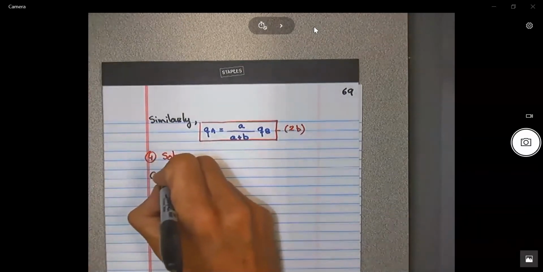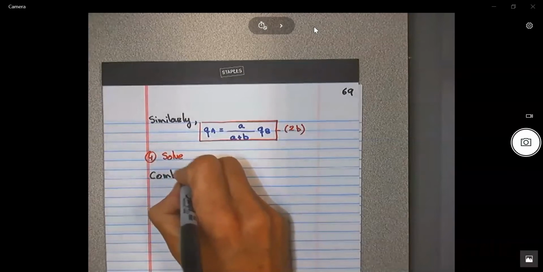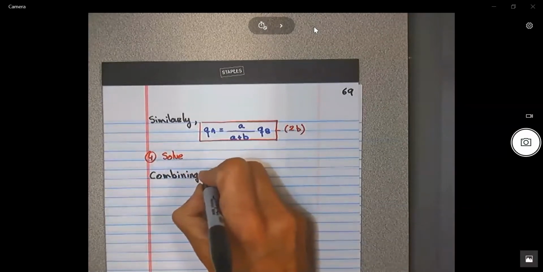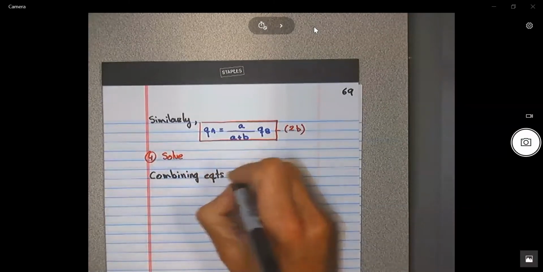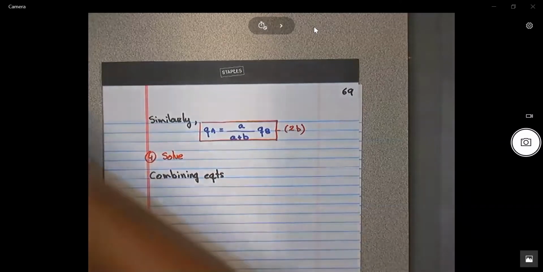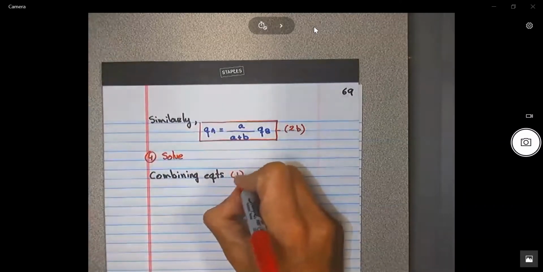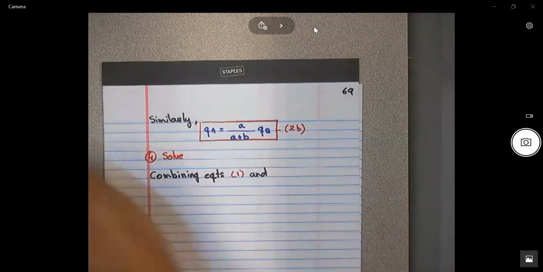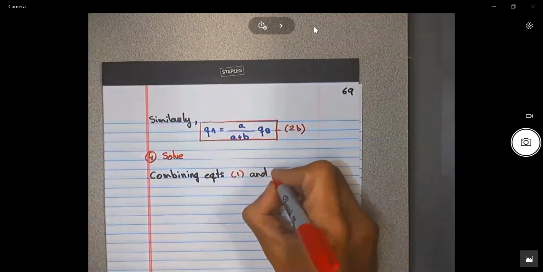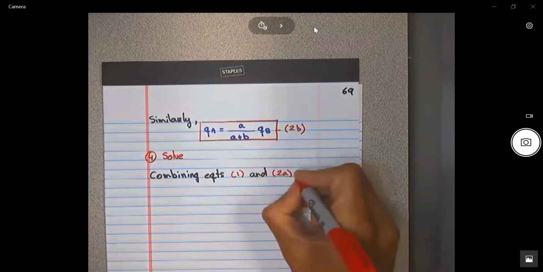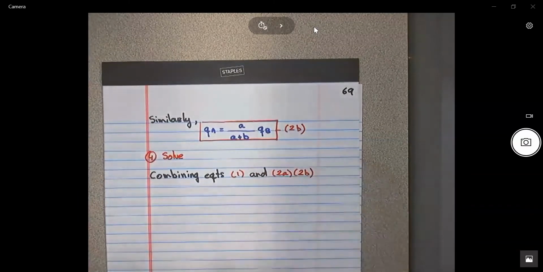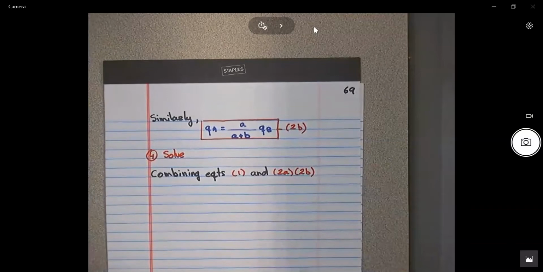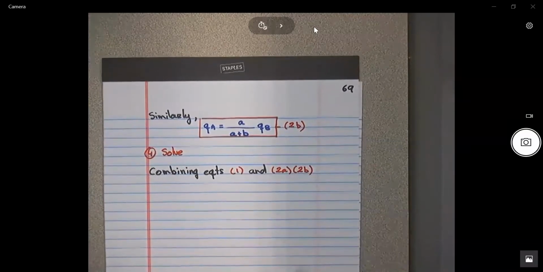Combining equations 1 and 2A to B. Let's see what we have.